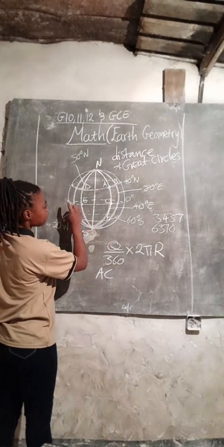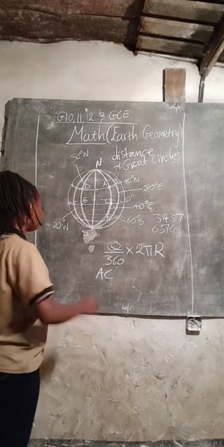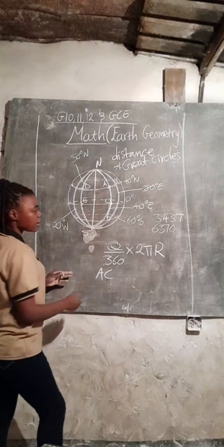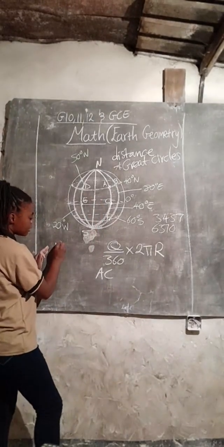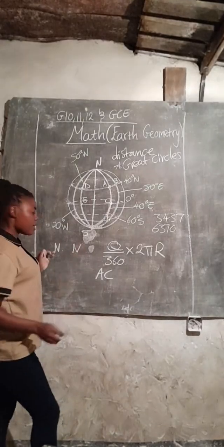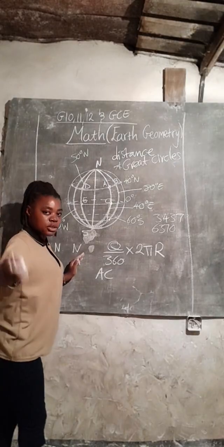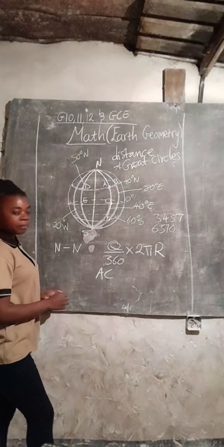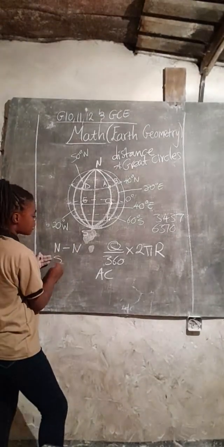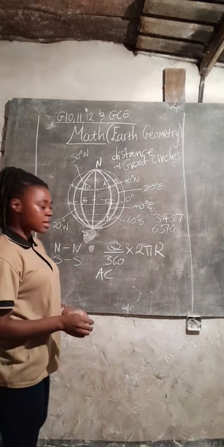So in short, when we have the north and the north hemisphere, these points having the same latitude, we are going to simply subtract them. And again, southern hemisphere and southern hemisphere, they subtract each other.